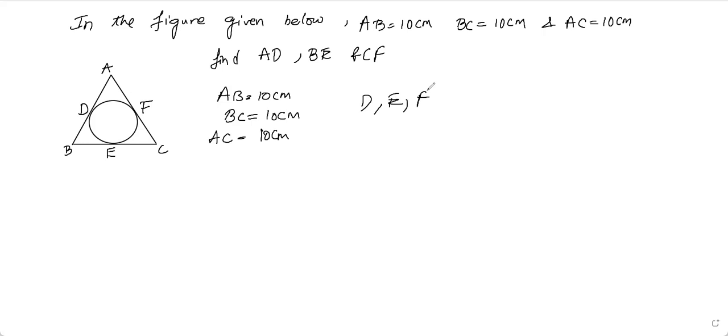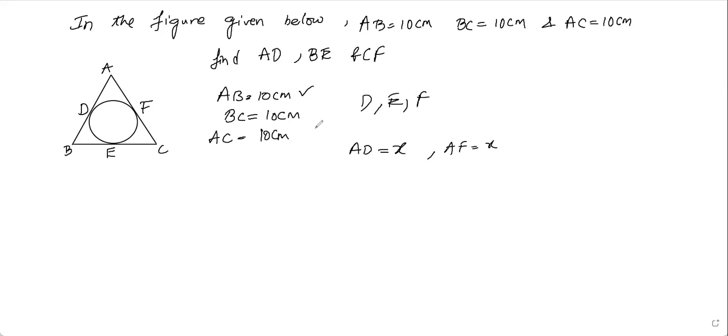So let us begin with side AD. Let us assume AD as some X. Then we have AF also as X. Okay, so we know that AB is 10.